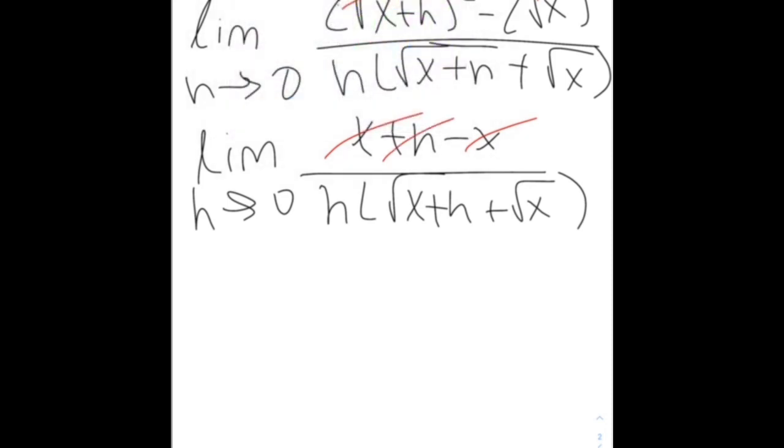And we're going to rewrite our limit of h approaching 0 as 1 over. Now this is where we'll look at our denominator before writing this. If we input our value of 0 for h, what is that going to give us? It's going to give us nothing.